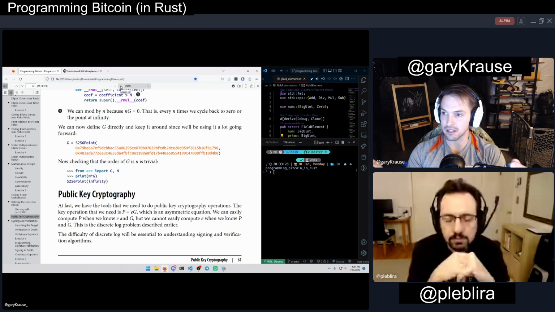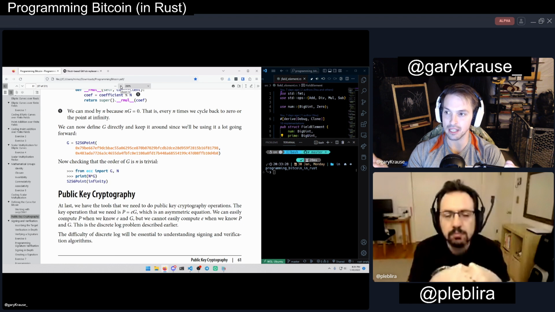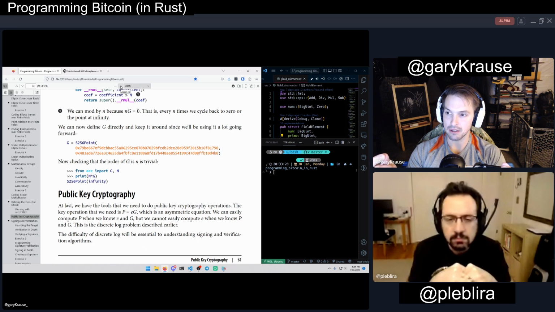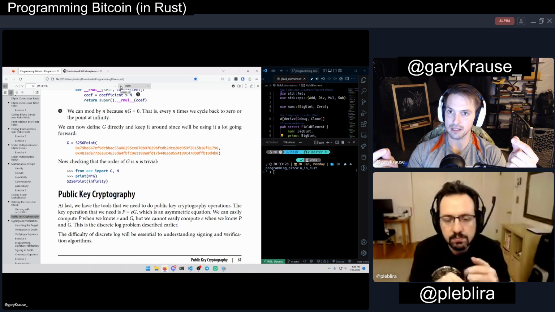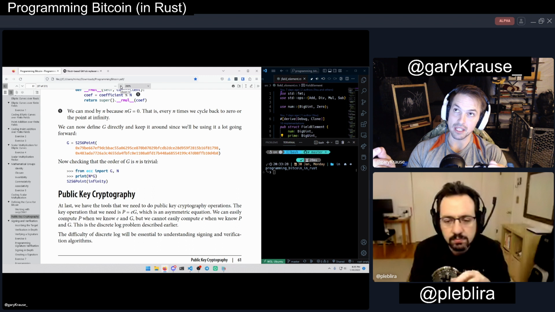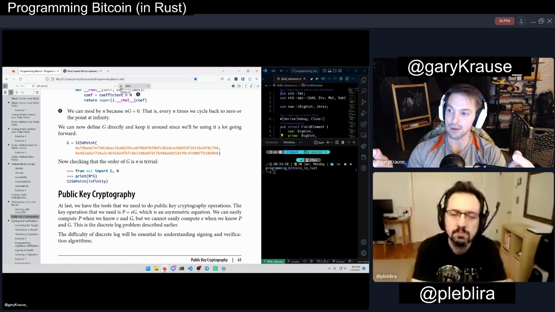Well, no, you're actually signing a transaction, right? You're signing a script with that private key to prove ownership over a public key that you had previously generated, right? Because that's what a Bitcoin address is, a public key generated from your private key.